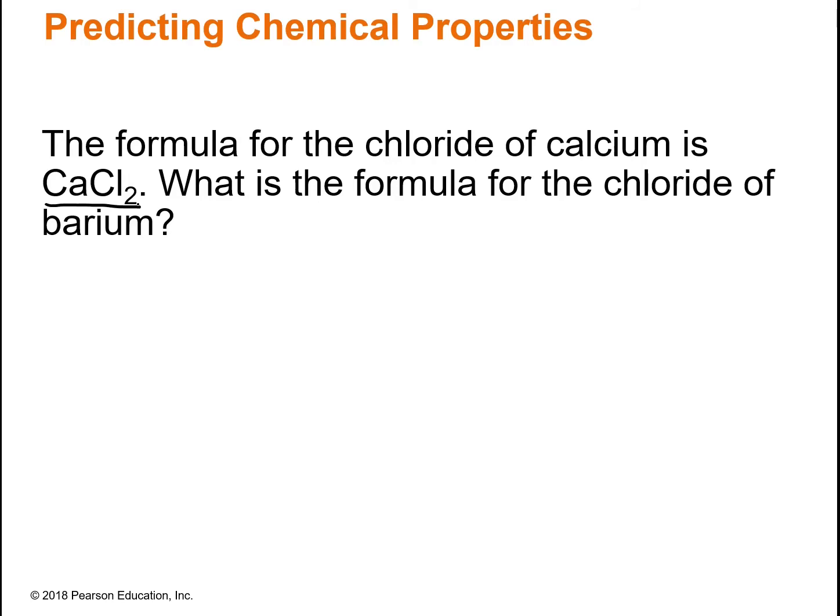So since they're in the same group, what do you think the chemical formula is for the chloride of barium? It should be very similar to calcium chloride.